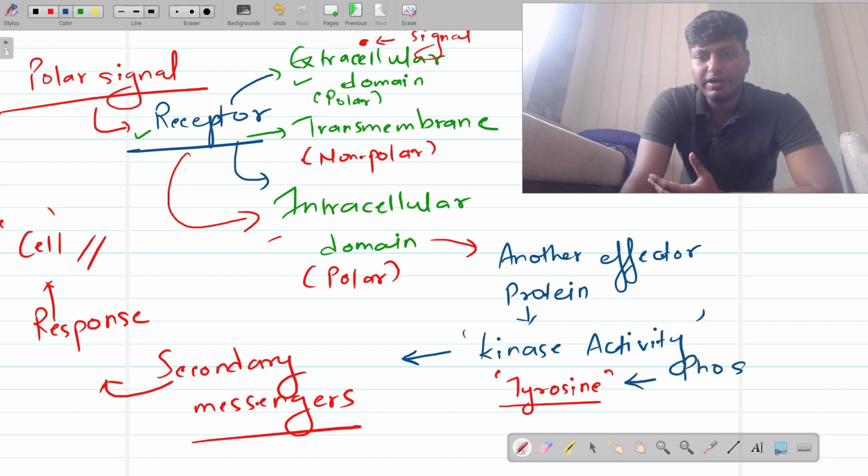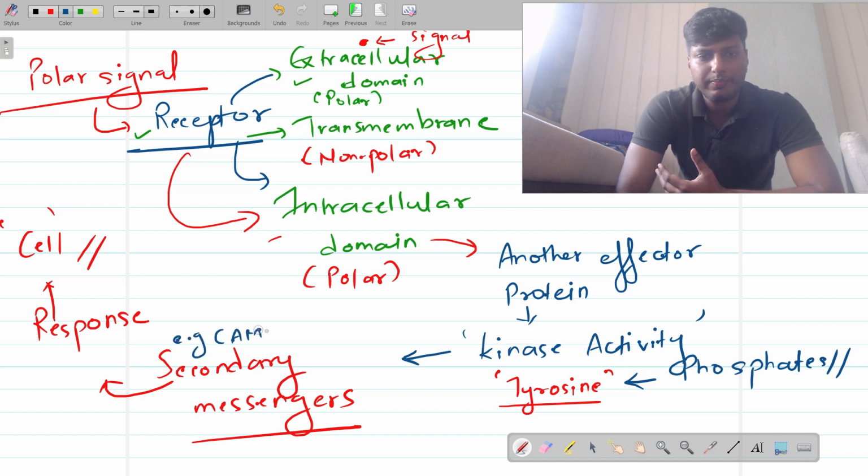So they get activated with the help of phosphate. Once they get activated, they result in the formation of certain secondary messengers. An example over here is cyclic AMP. And the cyclic AMP is mainly responsible for showing a response inside the cell.